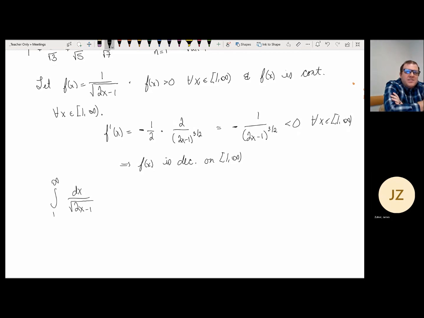So we want to take that integral. If that converges, so does our series. If that diverges, so does our series. The limit as b approaches infinity of the integral from 1 to b.